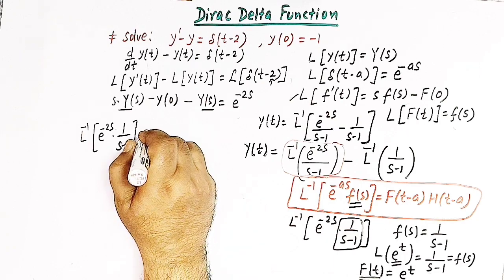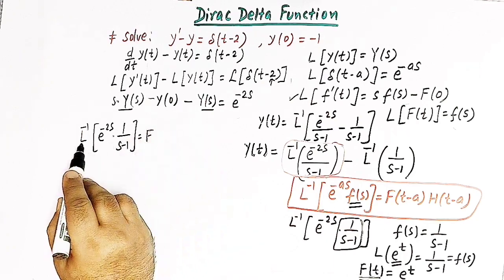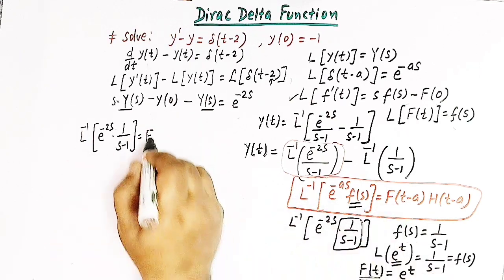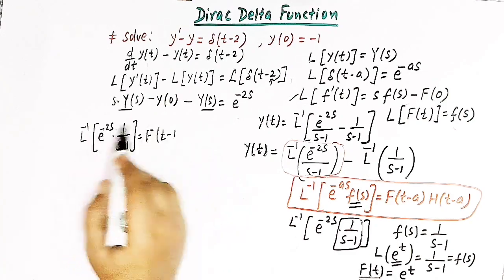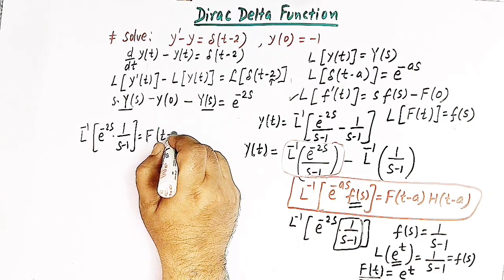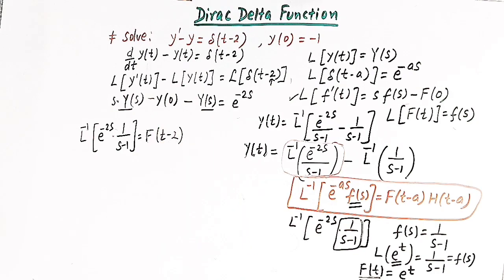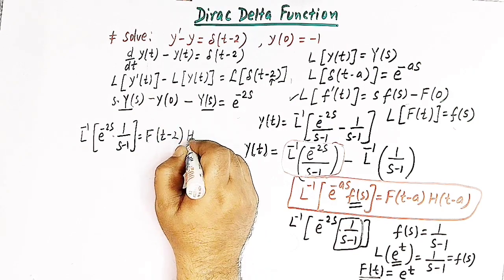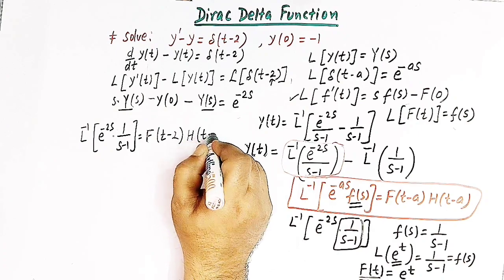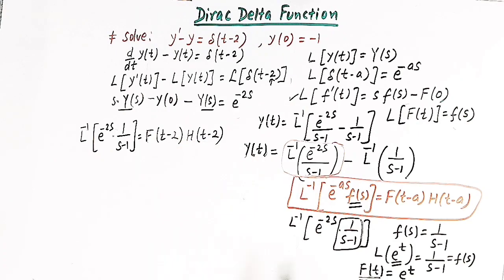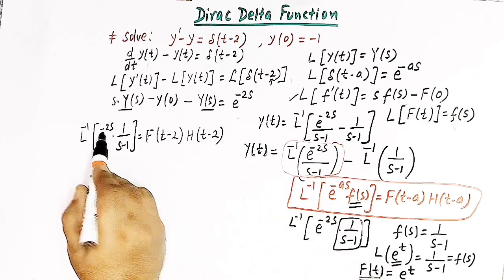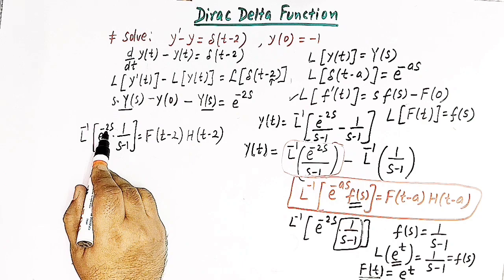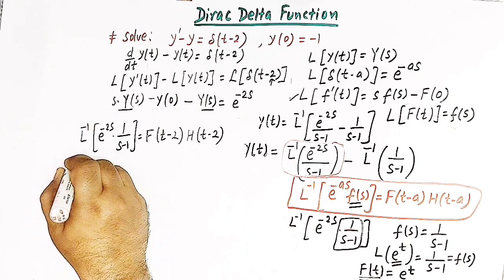So we can now write this inverse Laplace transform as f(t minus 2) times h(t minus 2), right? Because if we compare this term with this one, then the value of a is given by 2, right?